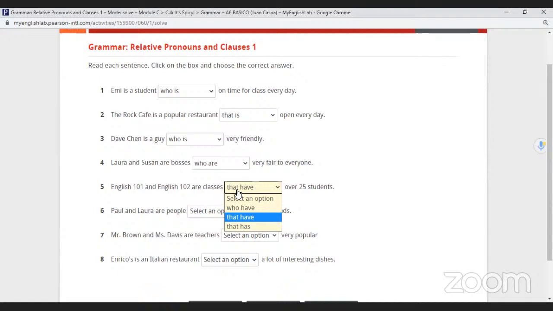What do you think is the answer? What is the answer in number 5? That have?